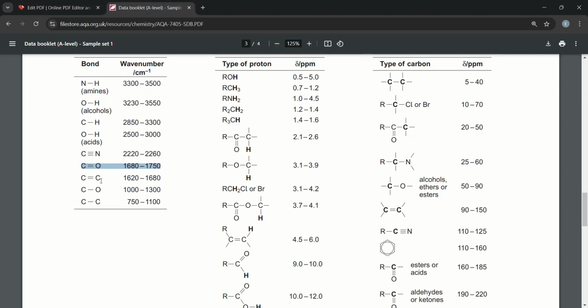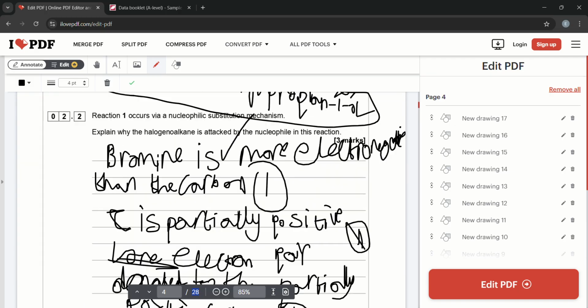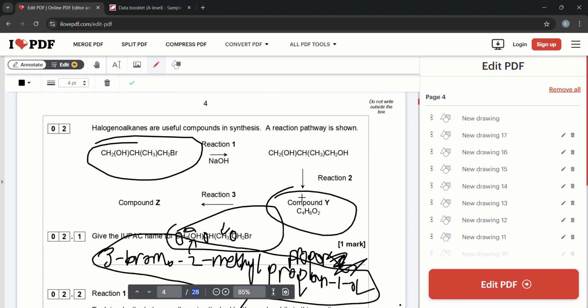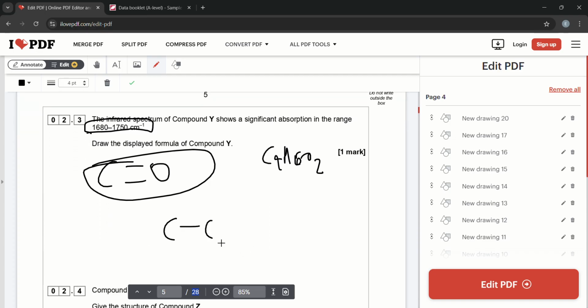So we know it's got to have a C double bond O. That's good. But we're trying to draw the displayed formula of compound Y. Well, we know compound Y is C4H6O2.